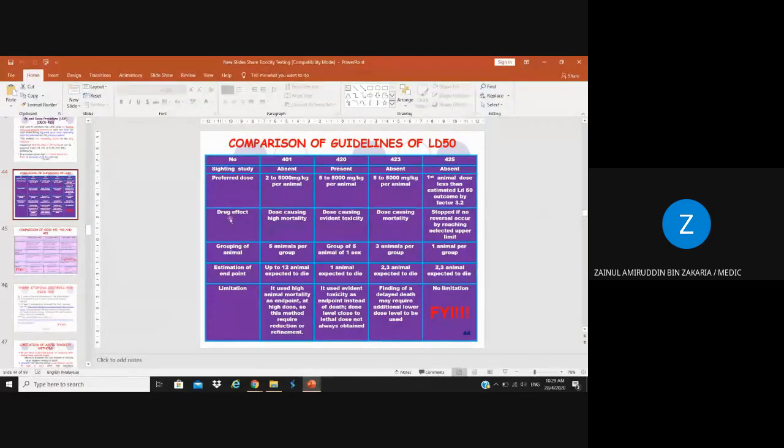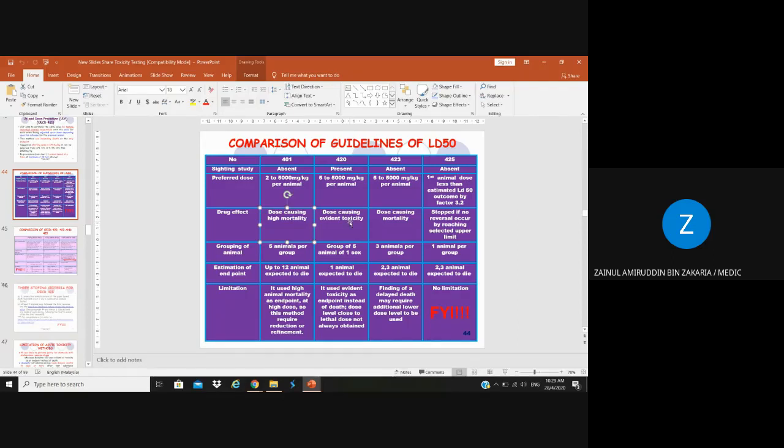What I'm trying to say is that you look at the drug effect. What you are trying to see is the dose that causes high mortality in 401, or the dose that causes evident toxicity, just evidence of toxicity, not death or mortality. So for 420, only evidence of toxicity.